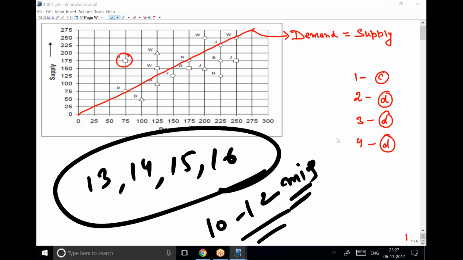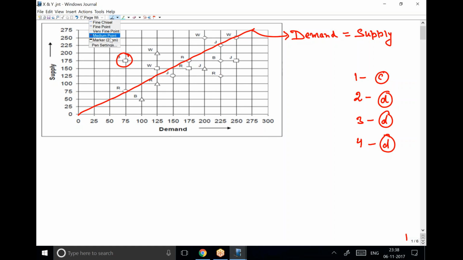For all these cases, as I told you, your answer is always one line away, because if you draw this line, it represents when demand is equal to supply. So when demand is equal to supply, questions become very easy, because at least you can do comparison immediately.